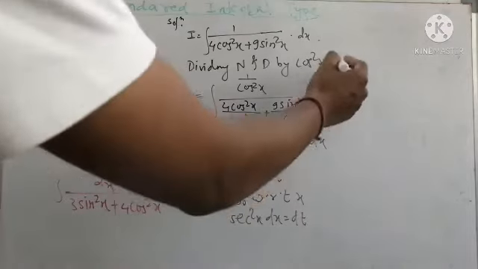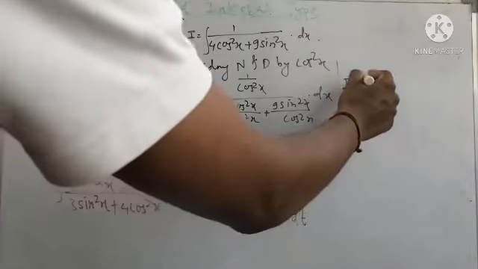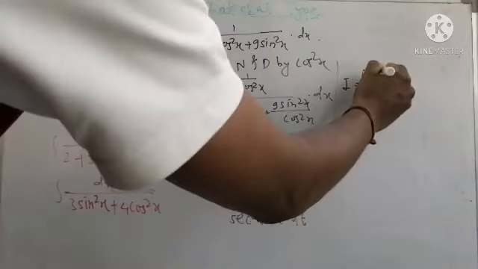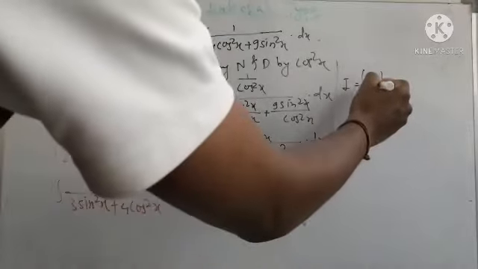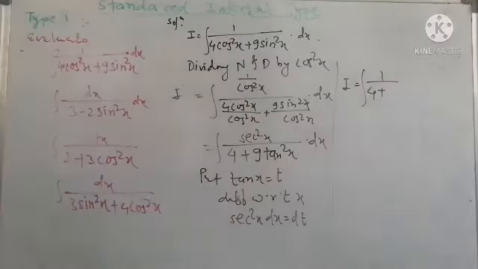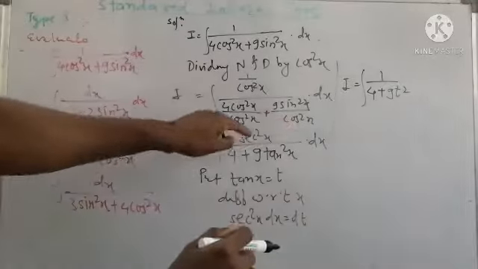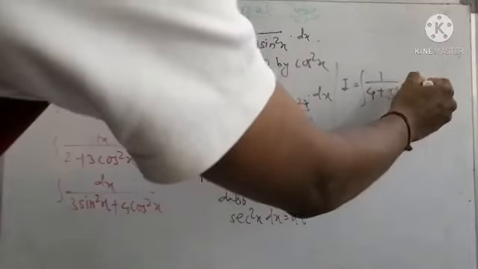So I becomes the integration of 1 in the numerator, and in the denominator the first term is the constant 4, which remains as it is, and the second term becomes 9 t square, with sec square x dx as dt.